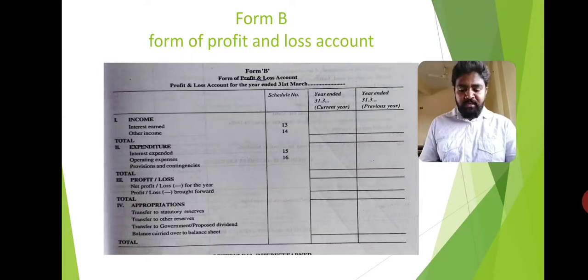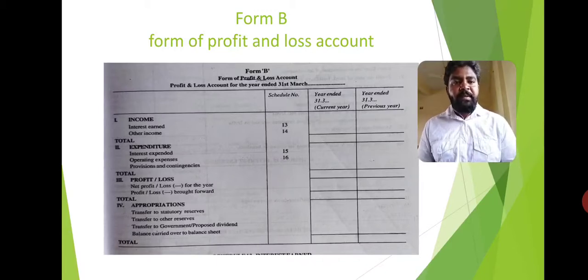Then insurance, repairs and maintenance and other expenditures are also examples of operating expenses. All these operating expenses we need to consider under schedule number 16, operating expenses.